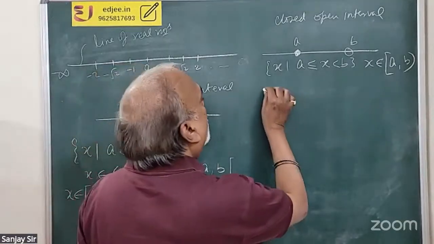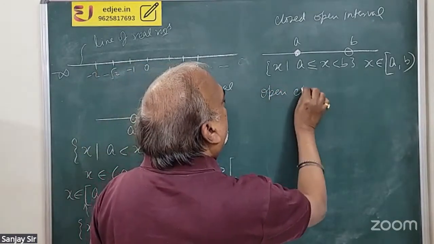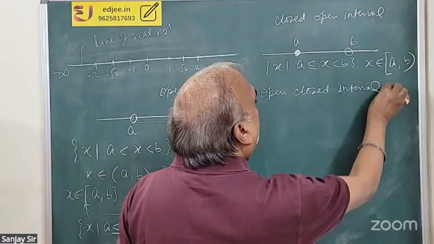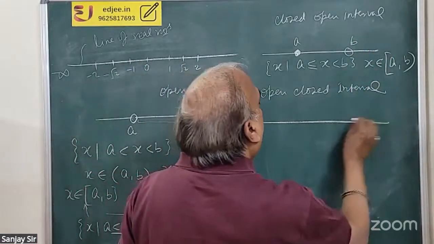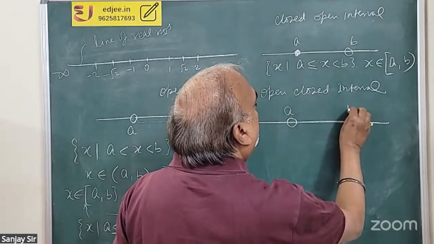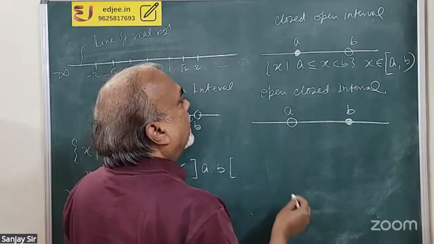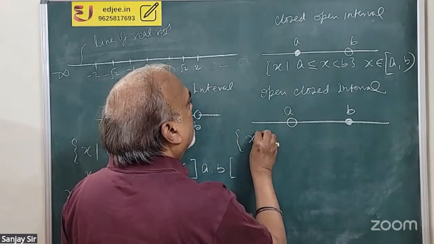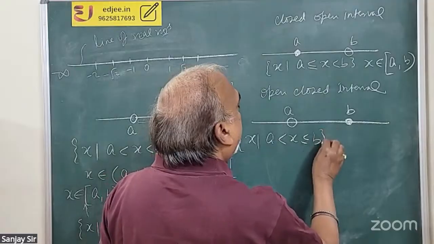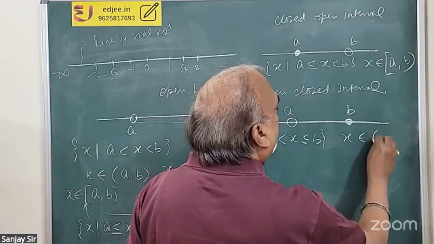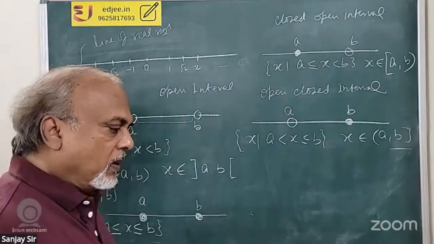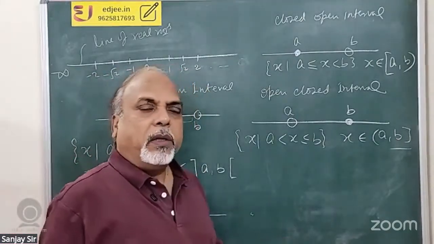And another one is the open interval. This is now open, this is closed. And this can be written as A, or X belongs to A, B. So this was something I think you must have studied all these things.